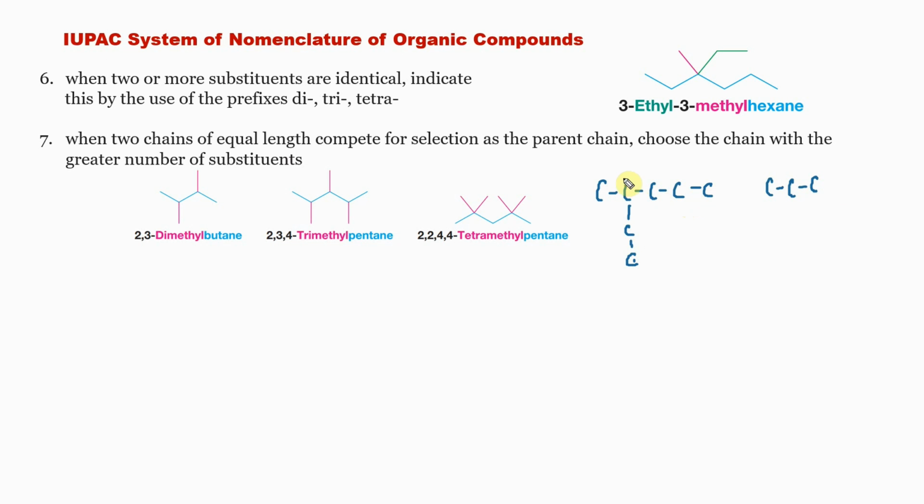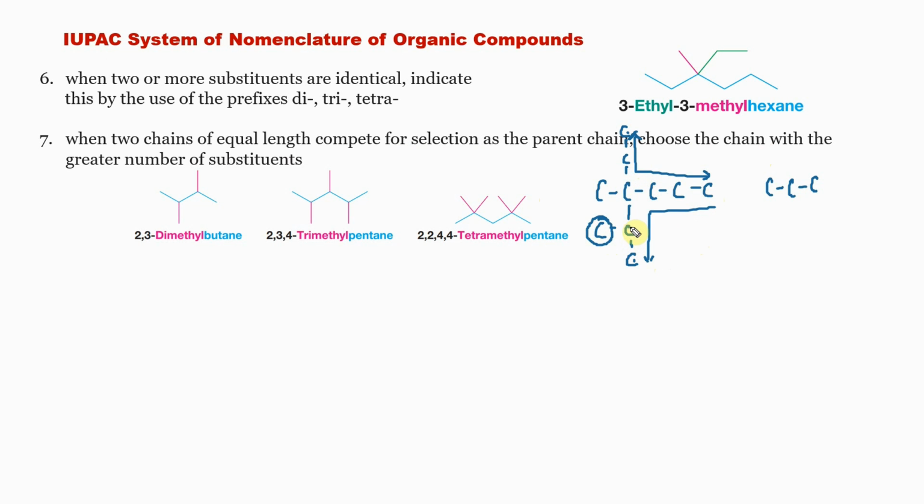Okay, this is 6, correct? 1, 2, 3, 4, 5, 6. I can choose this or I can choose this. Both are the same. But what if I have a carbon here? Then when these two compete, when two chains of equal length compete, choose the chain with the greatest number of substituents. This one has an extra substituent, this one does not. So I will choose this chain.